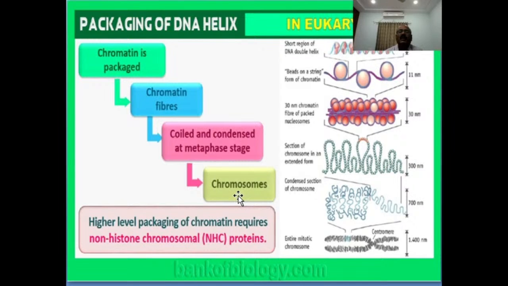So in a normal cell, the metaphase stage is the most suitable stage to observe chromosomes. So chromatin is packed and forms a chromatin fiber, and chromatin fibers are coiled and condensed and form a chromosome.